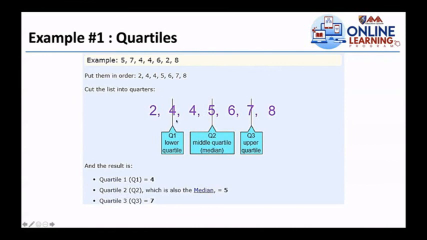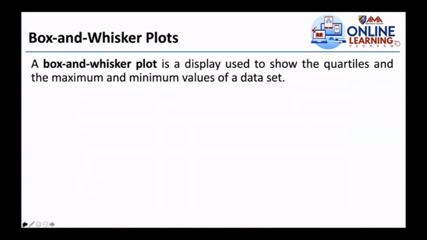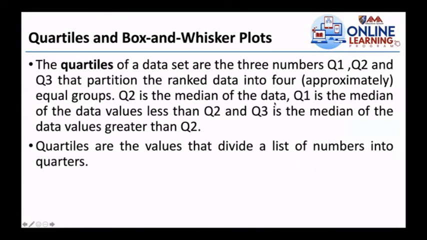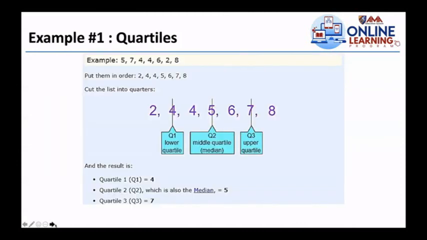Now, how do you get this one? As I mentioned a while ago, the Q1 is the median of the values less than the Q2. That's the meaning of this one. Q1 is the median of the data values less than Q2. Q3 is the median of the data values greater than Q2. So the meaning of those two is this.